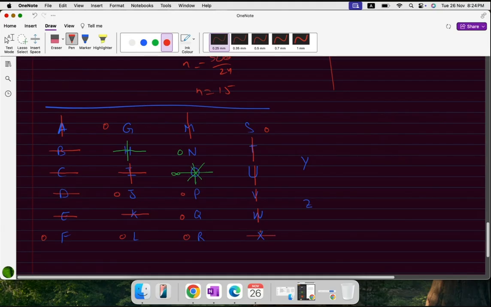Two lines, right? Y, we don't have any? And Z, also we don't have any. Again, Y would depend on how we write it. Basically, we have to think how it would be when we actually type them. So Y has one vertical line of symmetry.